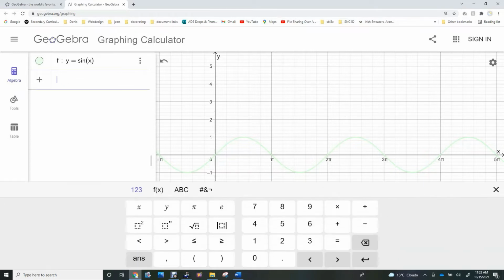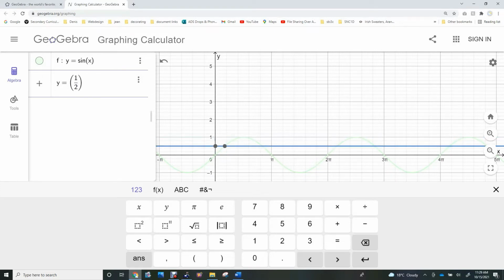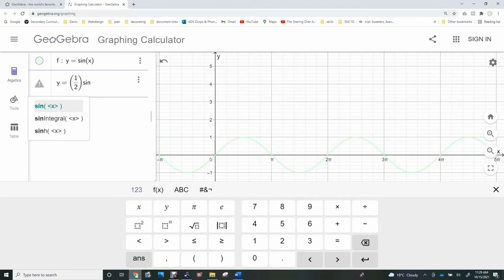So to do that, I'm going to click in the input box, and I'm going to type y equals, and in our question, we were given 1/2 as the amplitude. So 1/2 sine x.